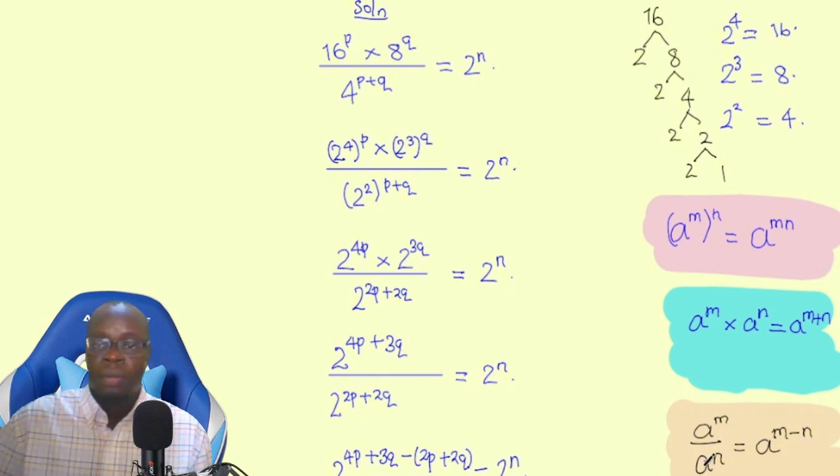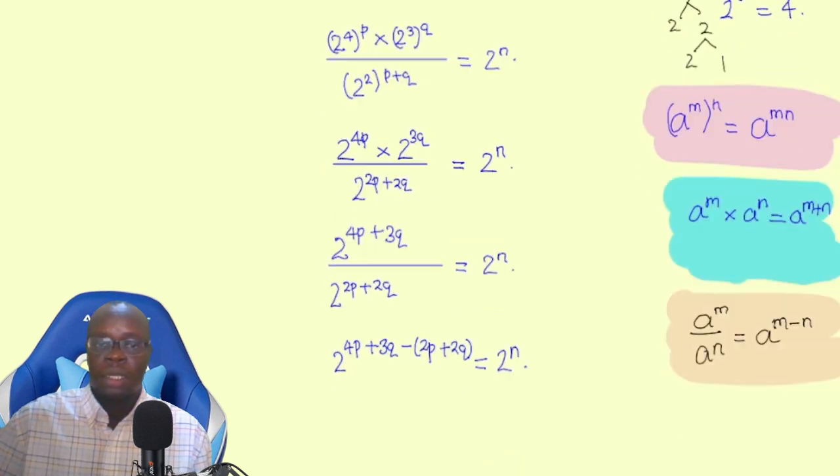Now we can open up this bracket, and we have 2 to the power of 4p plus 3q minus 2p minus 2q equals 2 to the power of n.